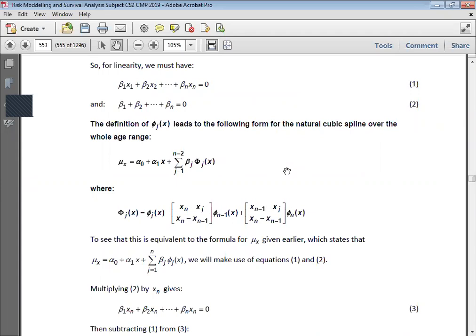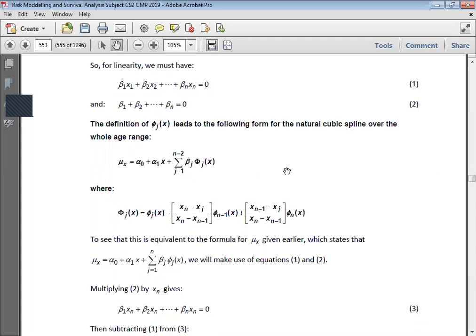In the very first case, we looked at one formula only, and we were trying to fit it for all the ages. But here, if you see, the formula changes from one age interval to another age interval. The formula does not remain the same. So there is so much flexibility that you can have if you are using this particular method.